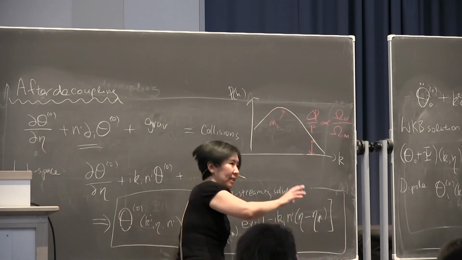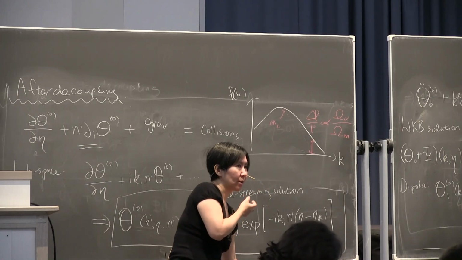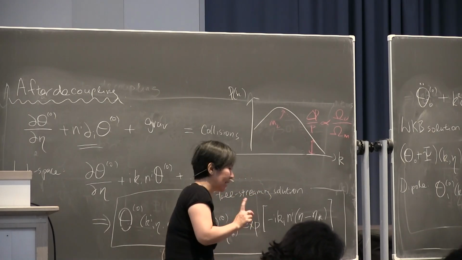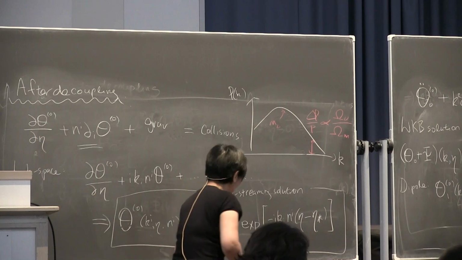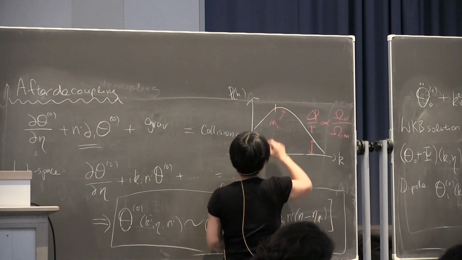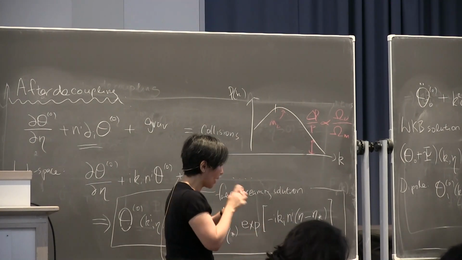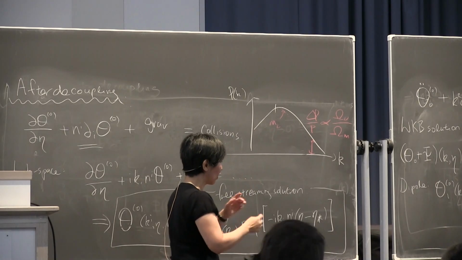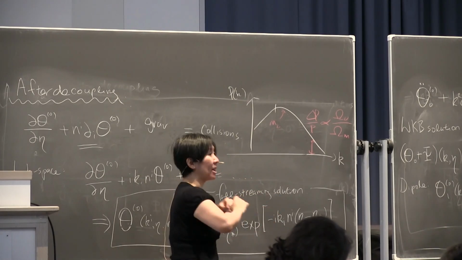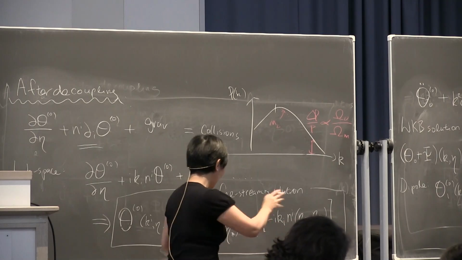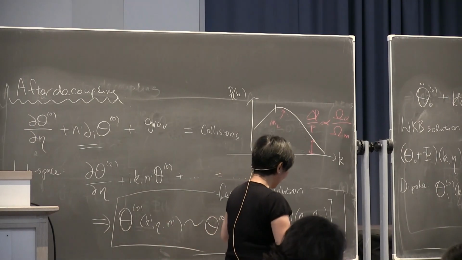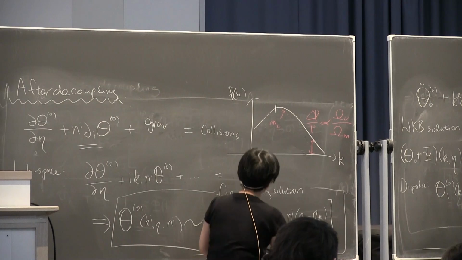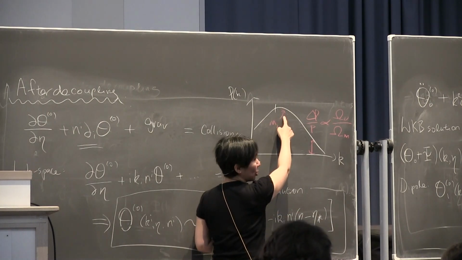So it's a little bit like the discussion for baryons, except that in the case of baryons, what determines where the suppression begins is when the baryons are released from the photons. In the case of neutrino free streaming, where the suppression begins depends on what kind of neutrino mass you have.